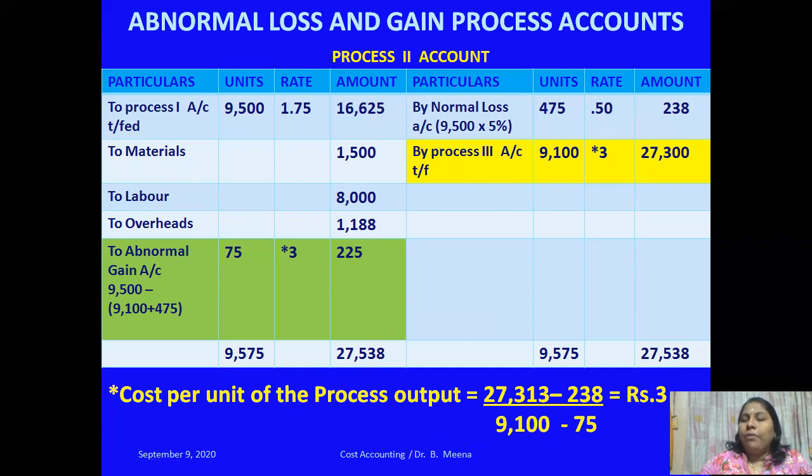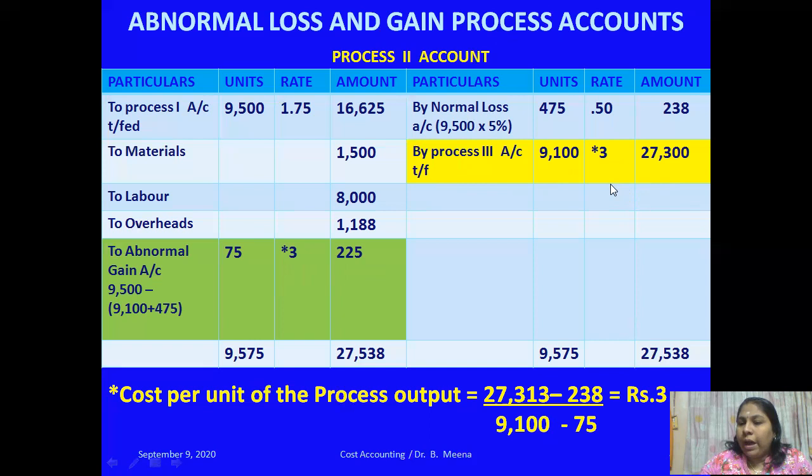Now our work is to calculate the value for abnormal gain. I showed the abnormal gain is 75 tons only. I don't know the rate per ton. If I come to know the rate per ton, then only I can calculate the amount as well as the output on the credit side. I know only 9,100 tons as the output. I don't know the rate per ton as well as the value.